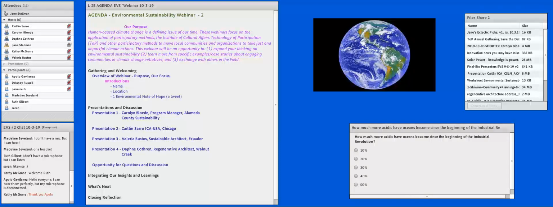And we see many examples as we do our work of organizations and people who are making a difference in the world. So these are the people that we have invited to participate in these series of webinars. And we're very grateful for each of them to take the time, like Daphne, Valeria, Carolyn, Caitlin, to put together presentations to share.